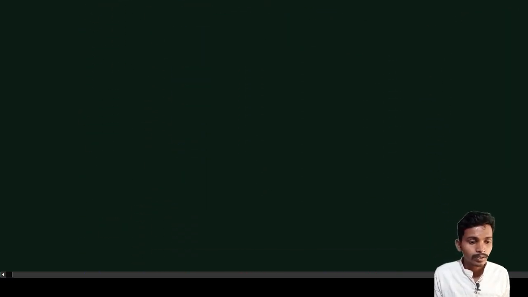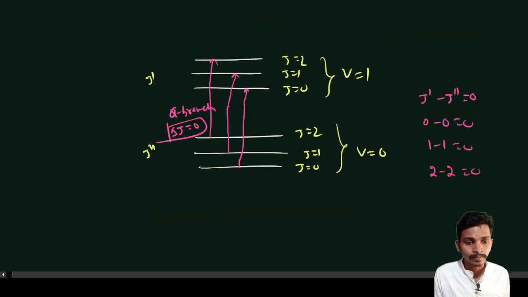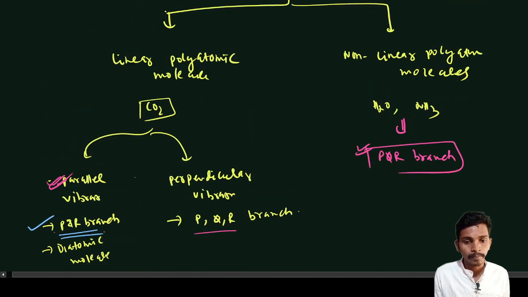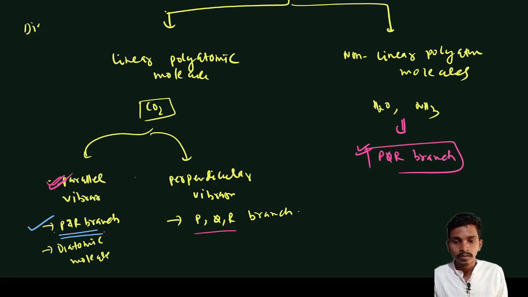So we have discussed that for linear molecules, for diatomic molecules, we always get P and R branch.